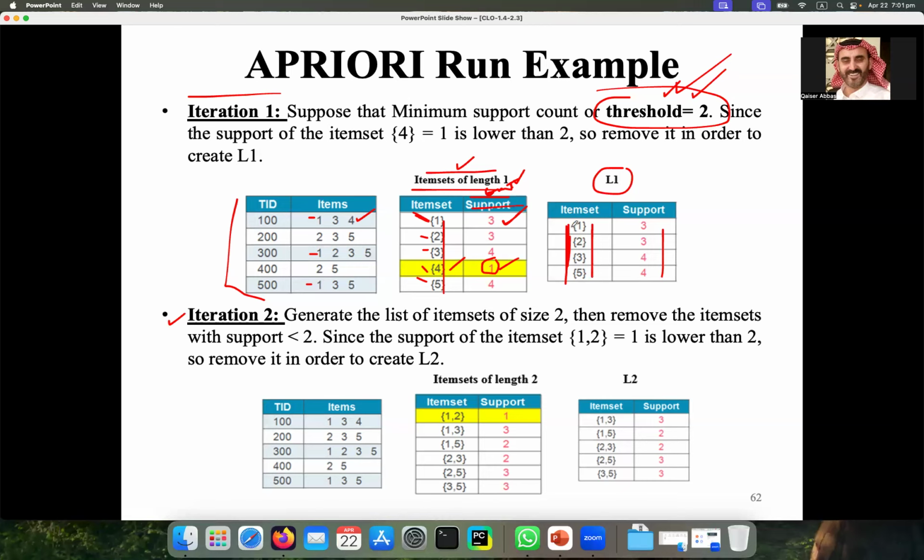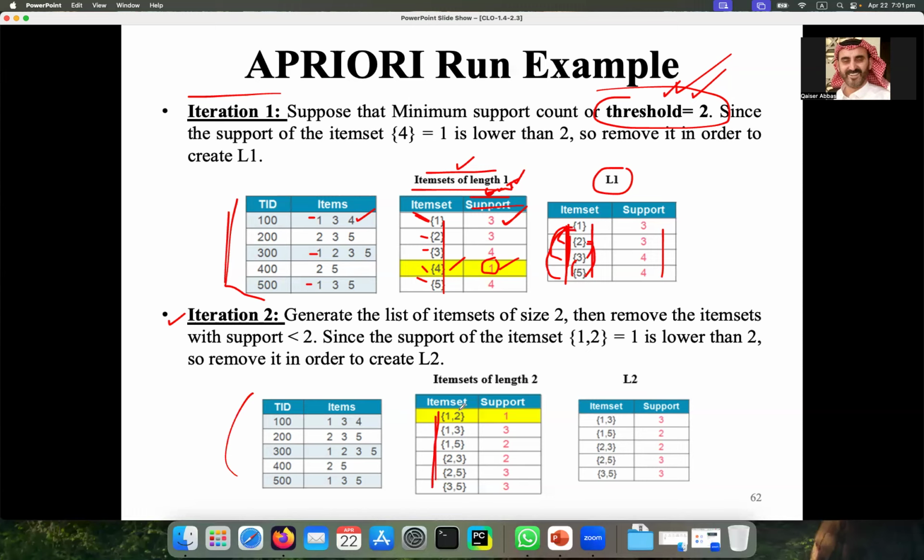So I can make a pair one with two, one with three, one with five, then two with three, two with five, and then three with five. So this data set is just repeated, and you can see these possible pairs. Fourth is now removed, you don't have to consider four. So these are the pairs.